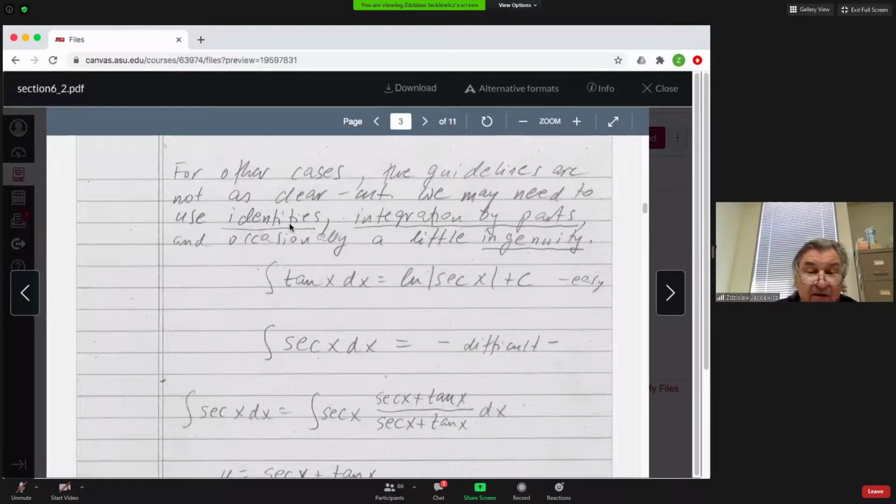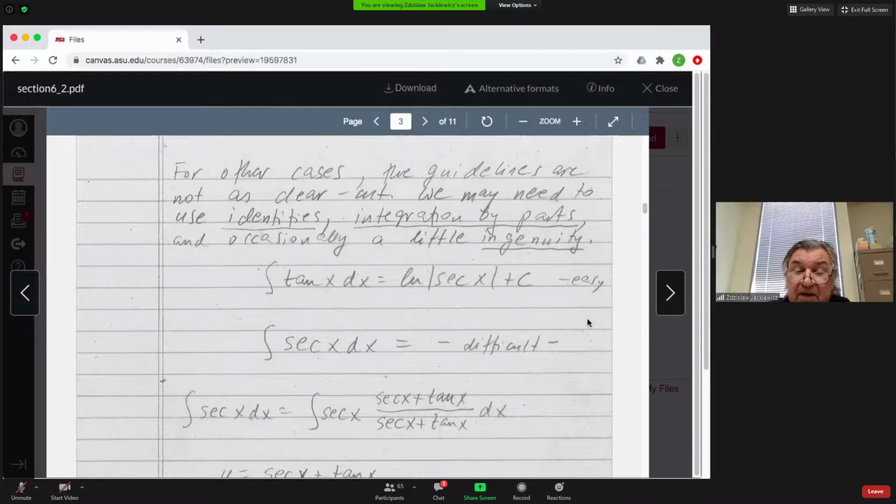You remember I mentioned the double angle formula, power reduction formula, and so on. Sometimes integration by parts may help. Well, and occasionally a little ingenuity. I will illustrate how this works.